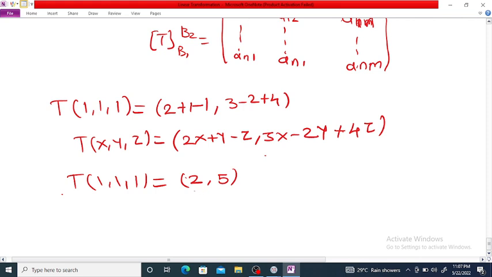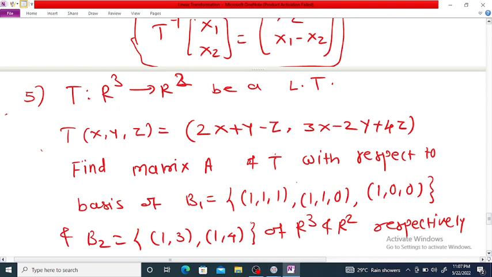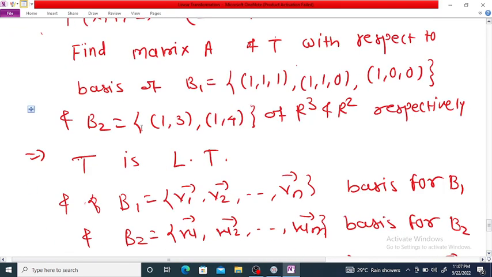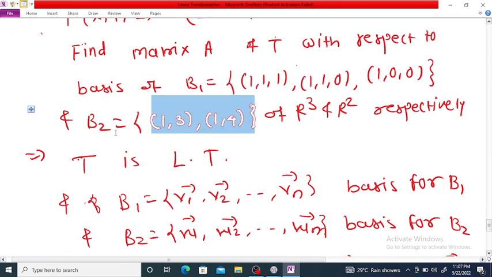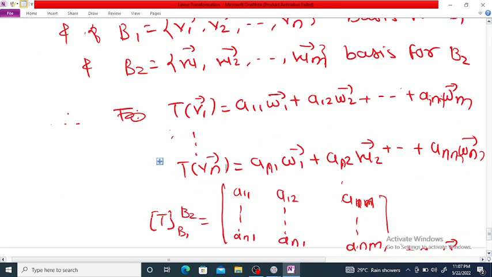Now we want to write this first element, that is (2 5), as a linear combination. This vector lies in R square, and the basis of R square is B2. So we want to write the vector (2 5) as a linear combination of (1 3) and (1 4).